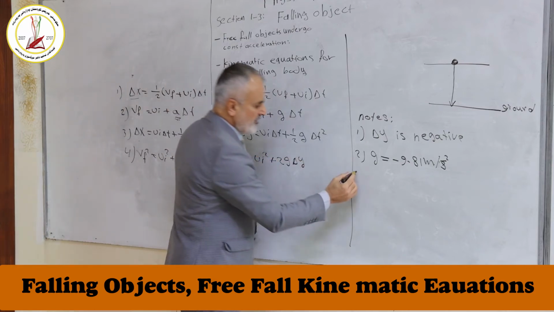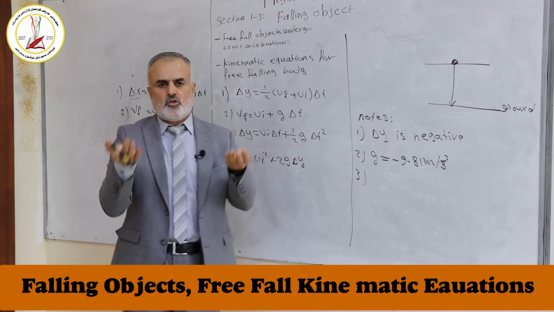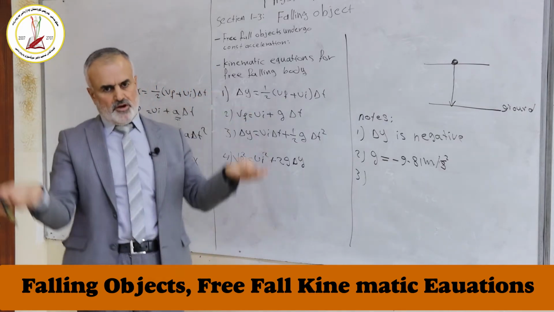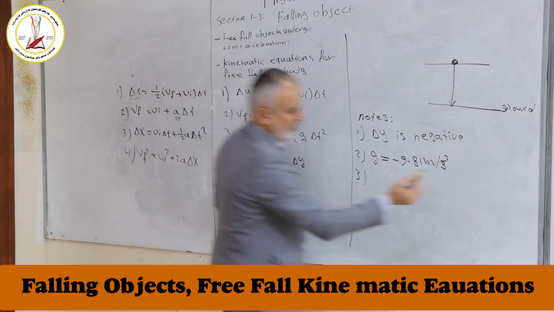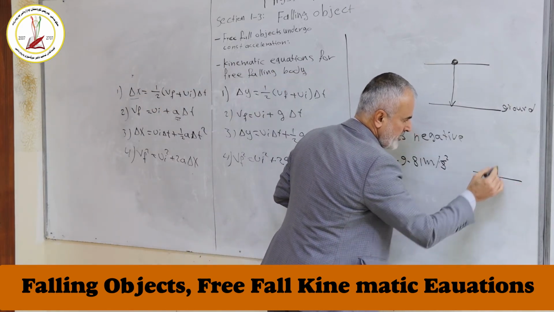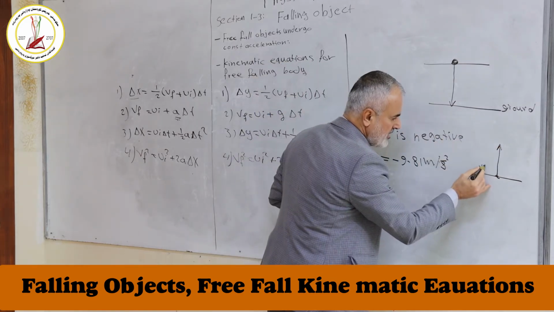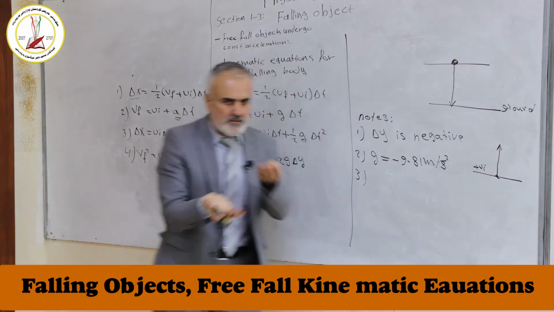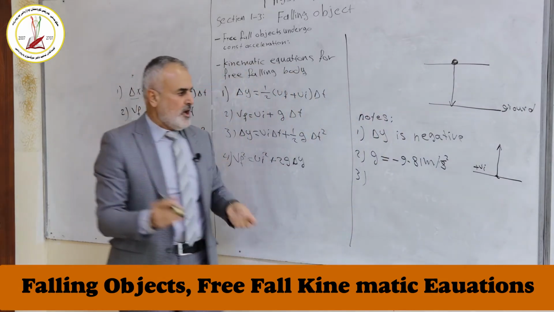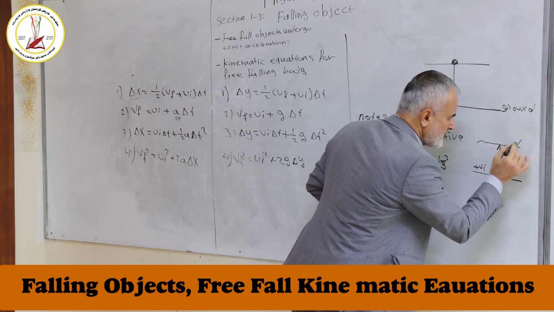Another point, student: when the object is ejected, thrown upward, for example, here at this point the object is ejected upward. So we have a positive V initial. Why? Because it is ejected upward, until it reaches the top point.